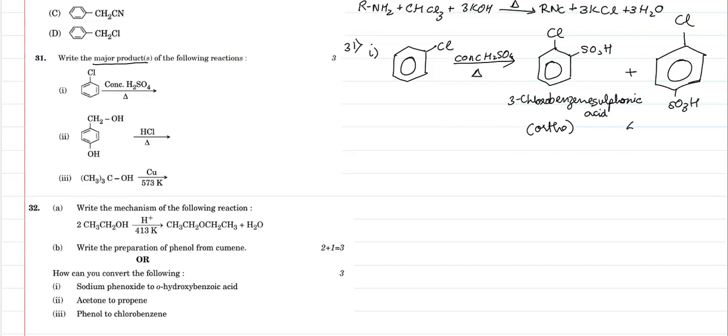This is 4-chlorobenzene sulfonic acid, at the para position. Now, between ortho and para, this electrophilic substitution reaction prefers the para one because of steric reasons. Because of that, the para product is going to be the major product, whereas the ortho is going to be the minor product.